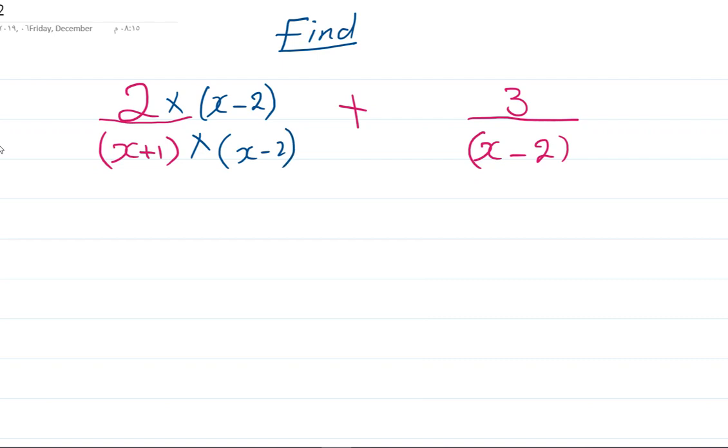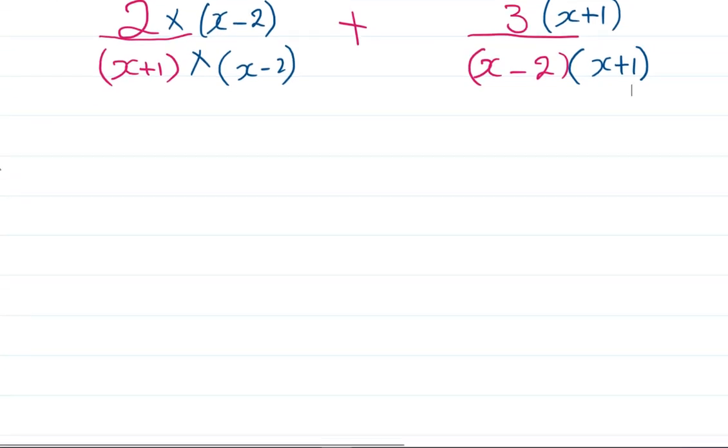The other side, I multiply by x plus 1, and here also x plus 1. So now I have a single fraction. Also in the exam, they ask you to find the single fraction.